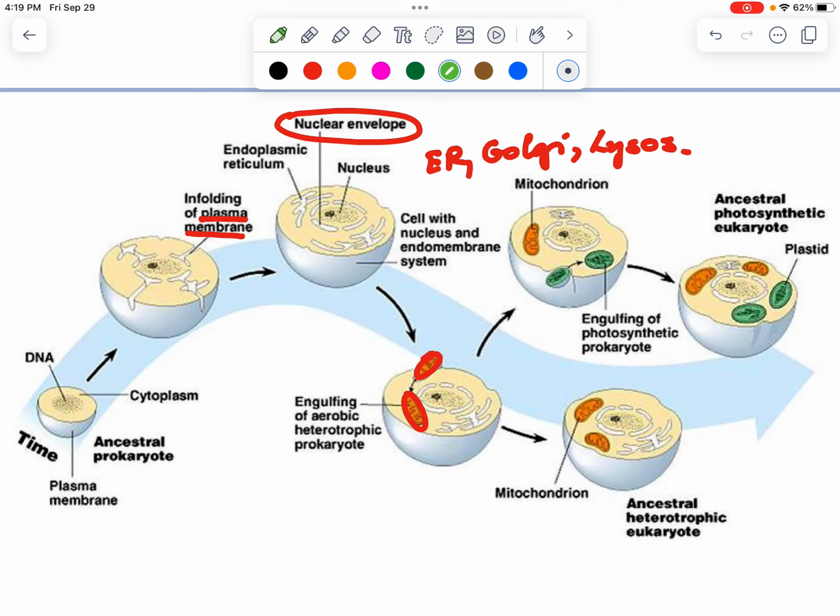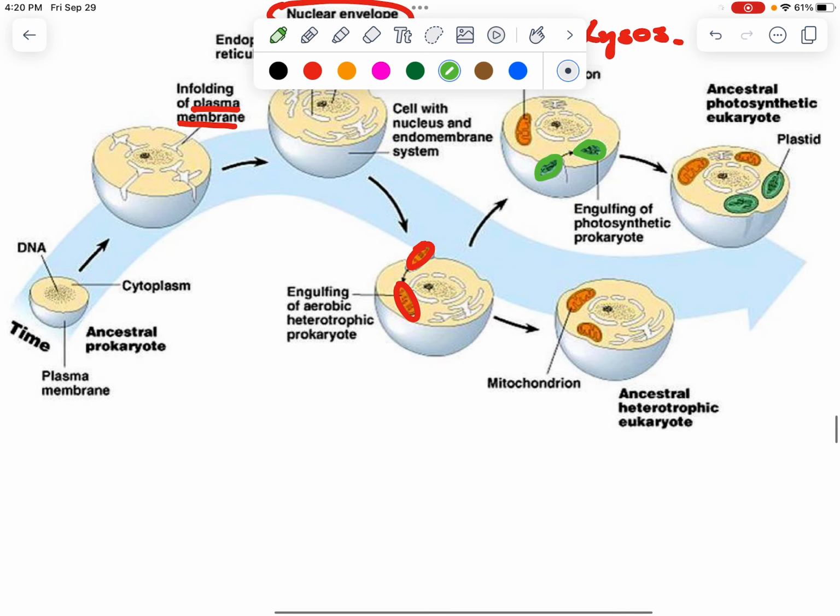Here is the mitochondrion and this is the chloroplast. They lived freely. They were prokaryotic organisms. The theory of endosymbiosis, that they now live together, these prokaryotic organisms, in the eukaryotic cell, is supported by the fact that the mitochondrion and the chloroplast contain circular DNA, just as the prokaryotic organisms.